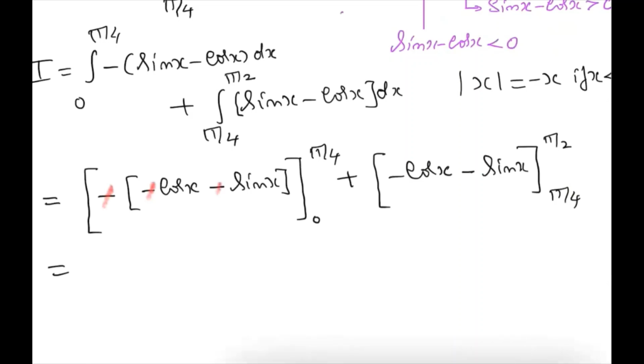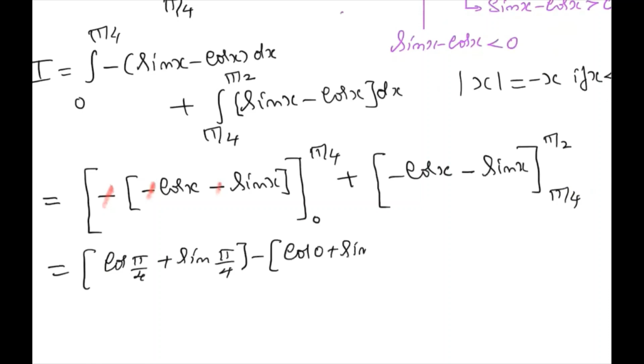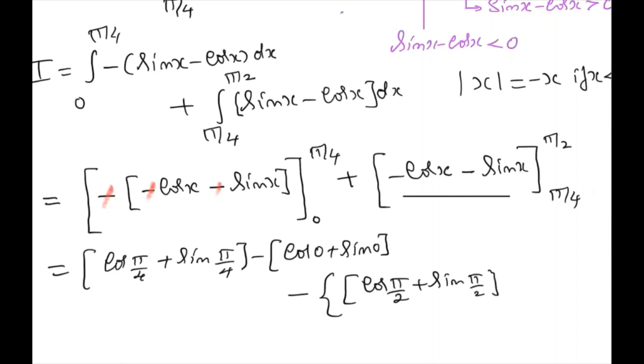Upper limit pi by 4: cos pi by 4 plus sin of pi by 4, minus lower limit: cos 0 plus sin 0. You can keep the minus sign outside so that it becomes cos x plus sin x. Upper limit cos pi by 2 plus sin pi by 2, minus lower limit cos pi by 4 plus sin pi by 4.